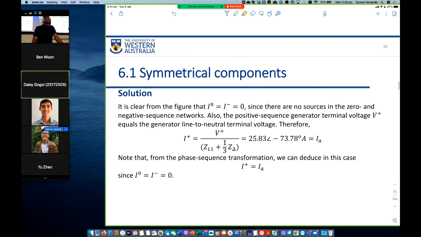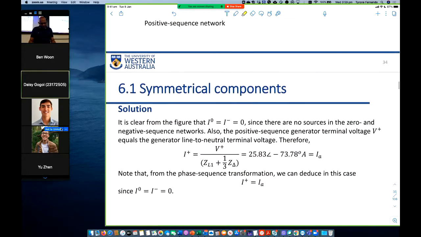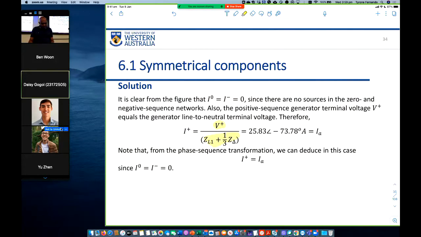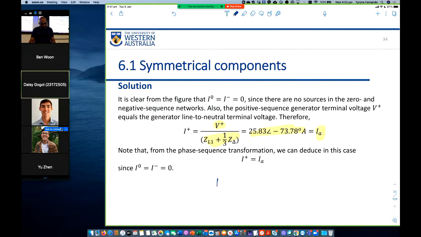So then what is the positive sequence current? Well, we know this voltage, we know the impedance values. If you divide the voltage by the impedance values, we get the current, which is in fact IA. Why is it IA? Because remember, IA, IB, IC is equal to A times the zero sequence, the positive sequence, and the negative sequence.